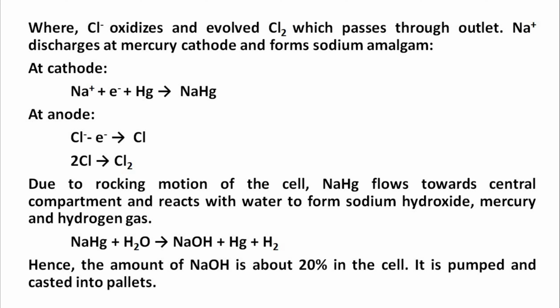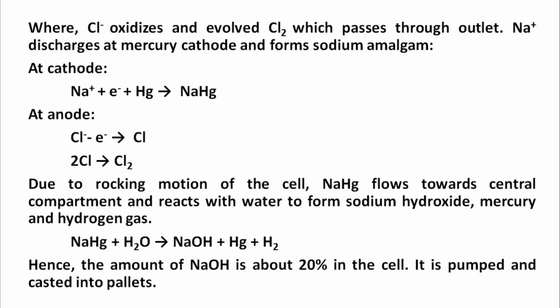At cathode, sodium cation Na+ and mercury form sodium amalgam with the help of an electron. And at anode chloride Cl- ion forms chlorine liberating one electron as shown in the reaction. This chlorine reacts with chlorine to form chlorine molecule Cl2 as shown in the reaction.